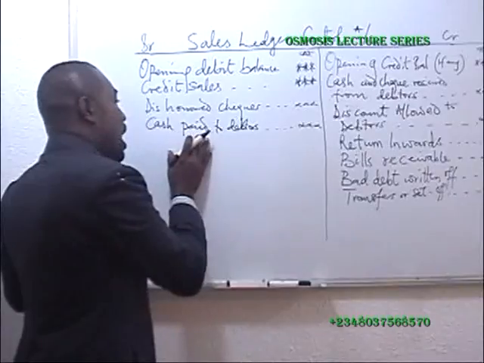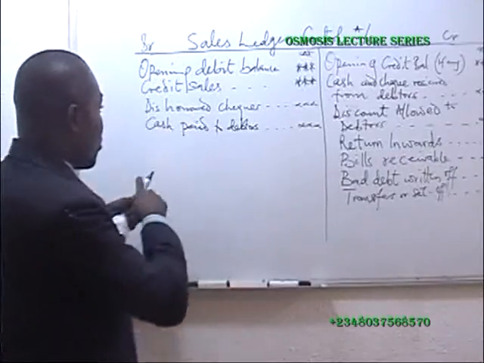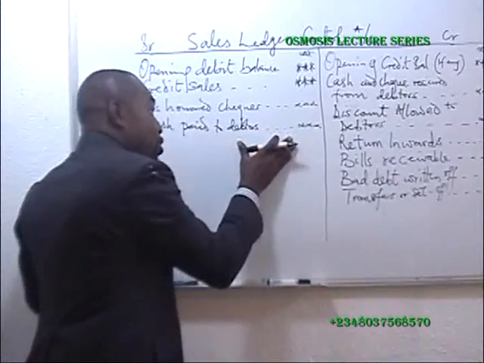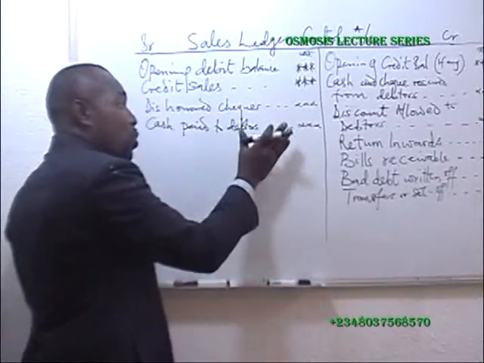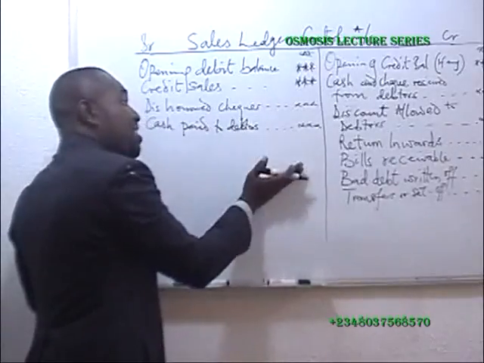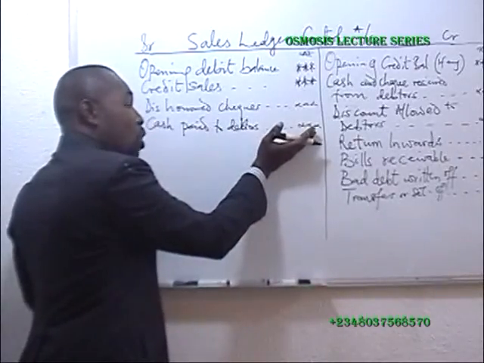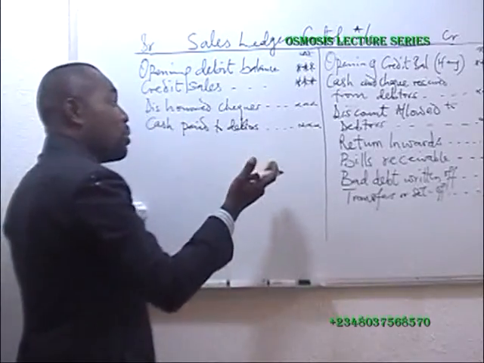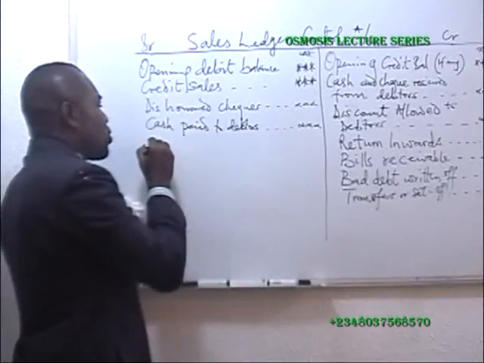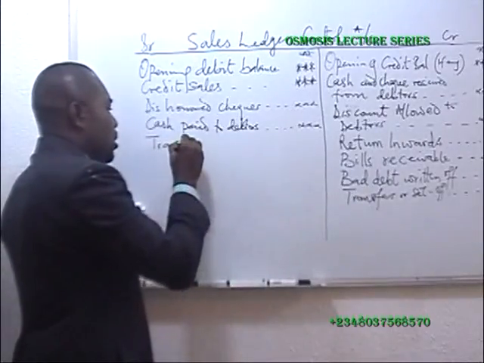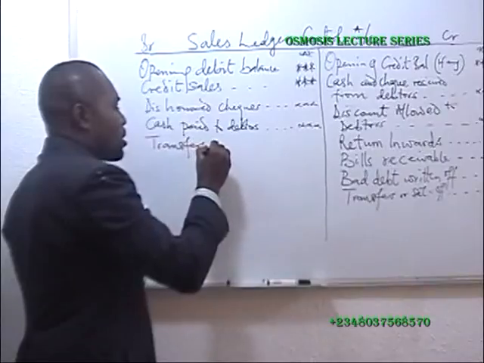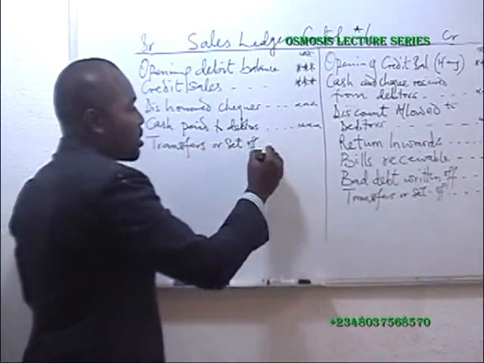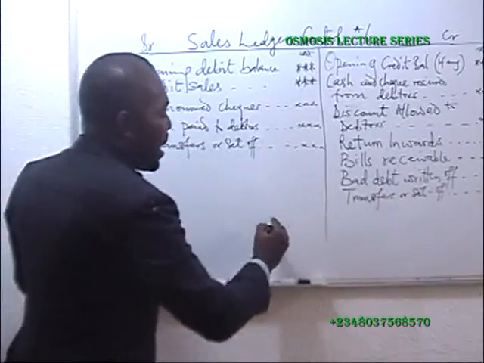It is cash, money given to debtors for one business deal or the other, which they are owing you for. So it increases the amount of debt they are owing you. If any of them applies, you now include it. Here you also have transfers or set off.